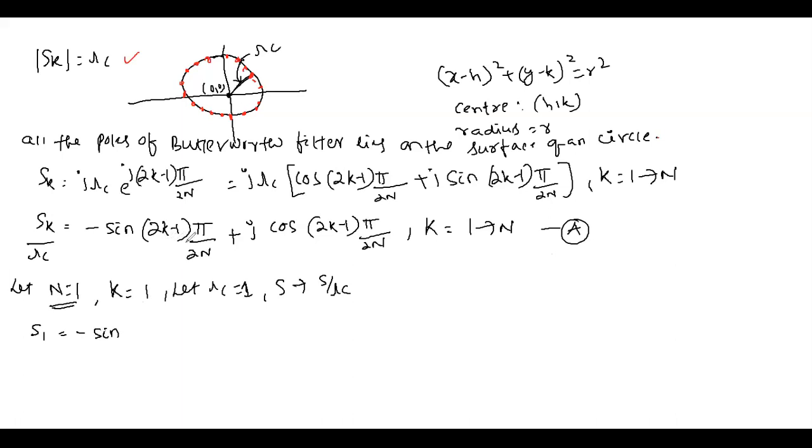Put k equals 1 and n equals 1. What will you get? Pi by 2, sir. Very good. Minus sine pi by 2.